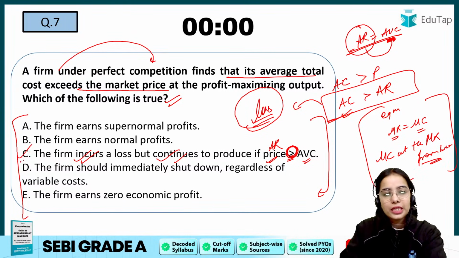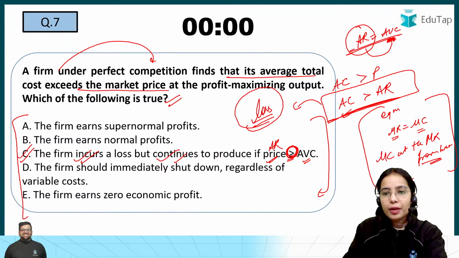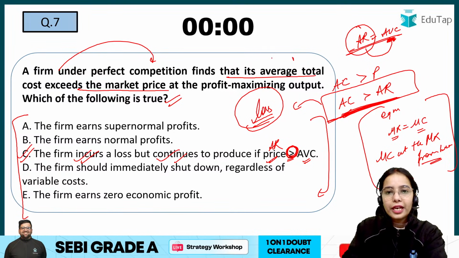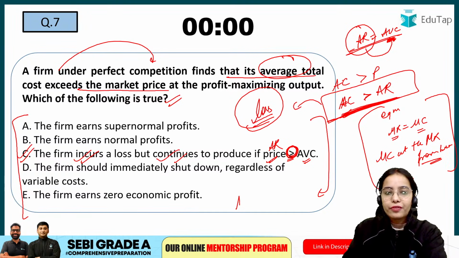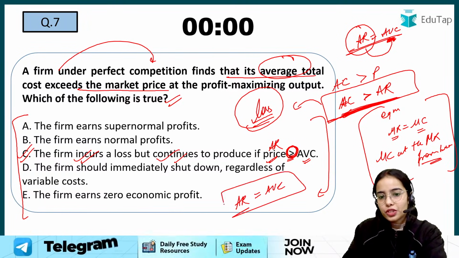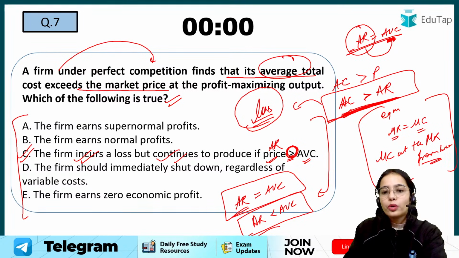Yes. So C is the answer. Even though loss is happening, this is the condition of loss, average cost is greater than average revenue. But the company will shut down only when the average revenue becomes less than average variable cost. Right now, the firm can decide to continue producing or not.